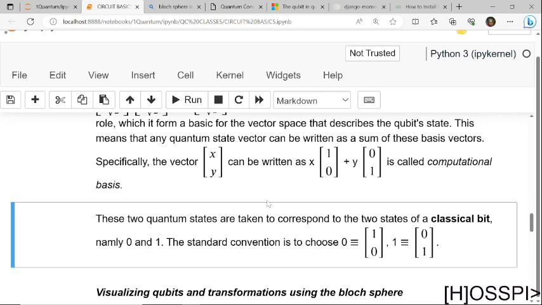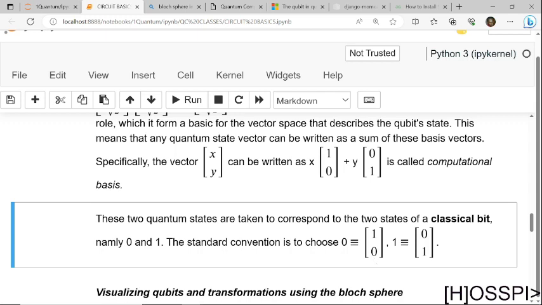These two quantum states are taken to correspond to the two states of a classical bit, namely 0 and 1. The standard convention is to choose 0 is equal to what? 1, 0, and 1 is equal to what?